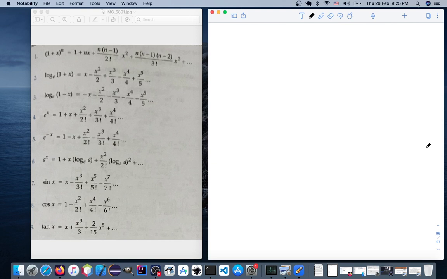Example 1: limit x tending to 0 of (3 to the power x minus 2 to the power x) divided by 10x.